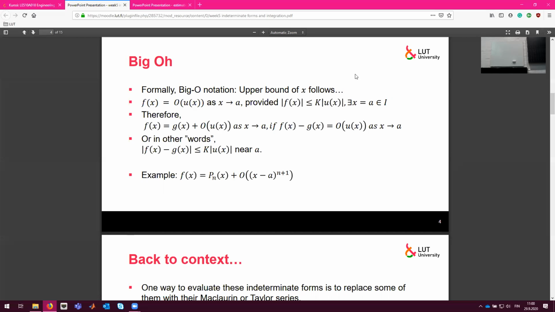So this forms some kind of upper bound, and how tight this upper bound is is another matter. If it's the smallest possible upper bound, then that's usually a bit harder to prove.